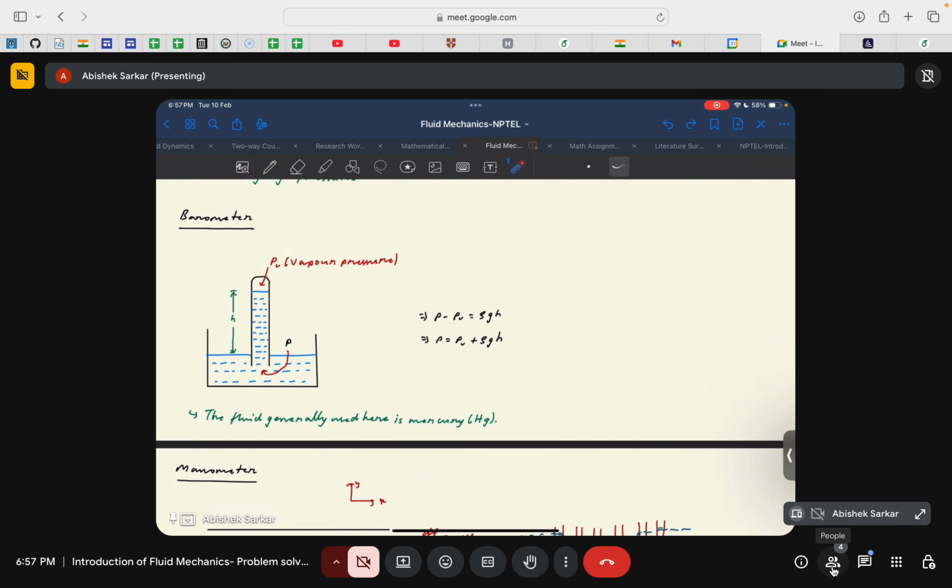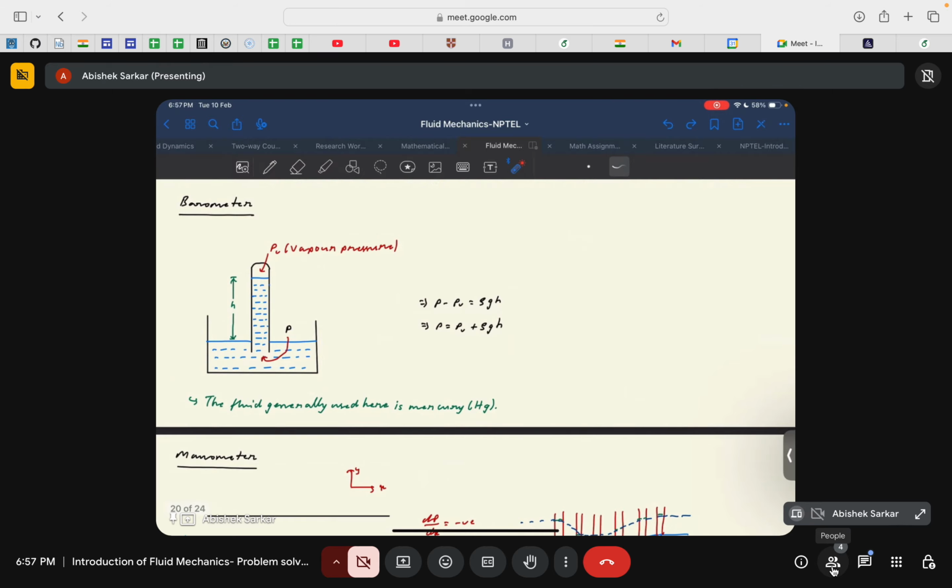For example, if you want to measure the vapor pressure inside this particular tube, which is the basic structure of a barometer, in that case you can find that the pressure, I'm sorry, I think it's the other way around.